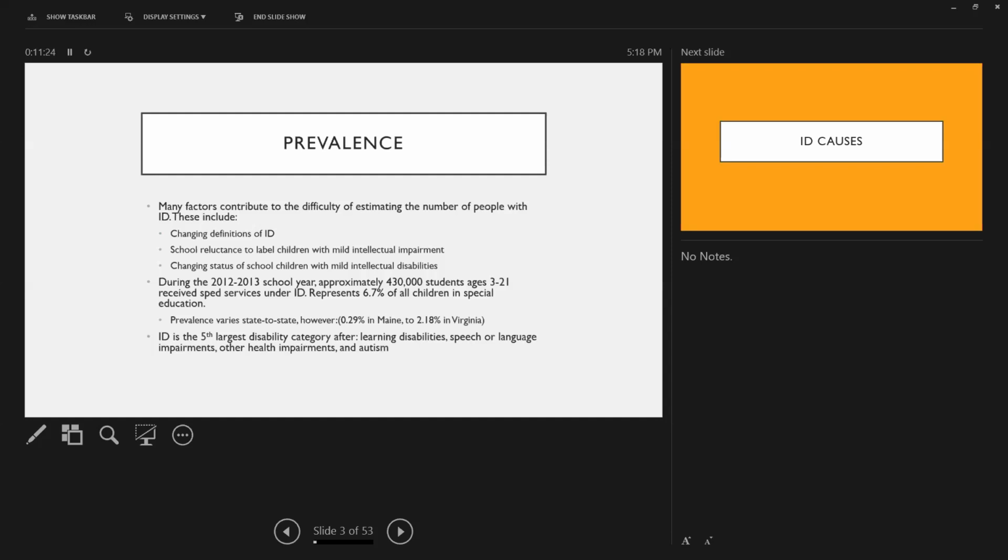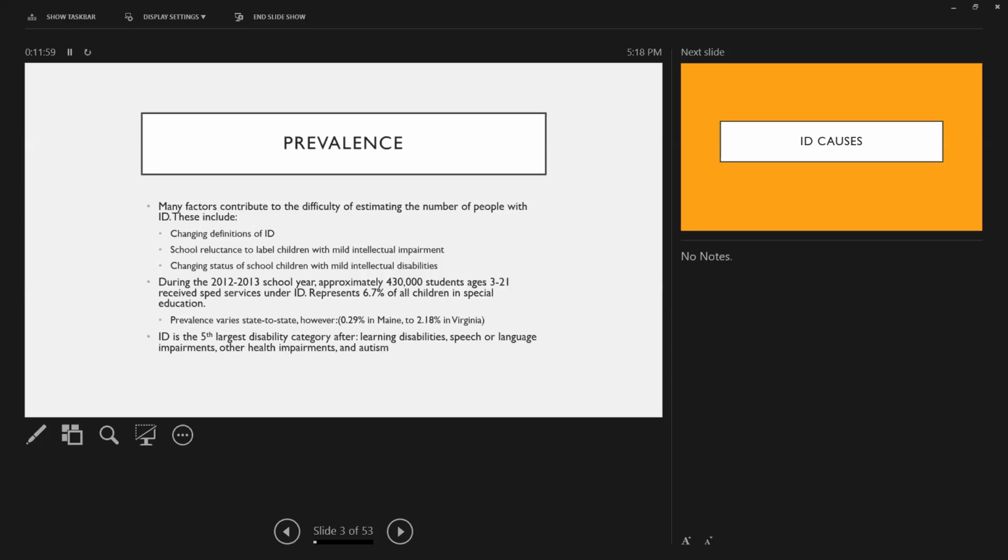A very low prevalence in the state of Maine, less than 1%, on up to 2.18% in Virginia. So it seems like there are some inconsistencies with how the disability might be diagnosed, and inconsistencies in the fidelity with which the rates are reported.